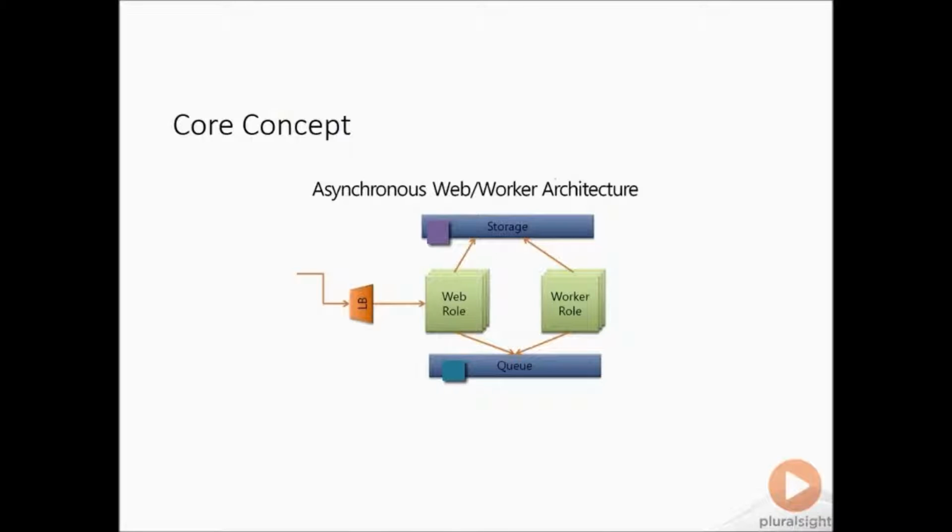That is the core pattern behind how you would set up multiple worker roles to perform a compute-intensive task. The key thing here, as you can see from this diagram, is there are one or more worker roles. The key idea behind this pattern is you can have a variable set of worker roles to process this task.